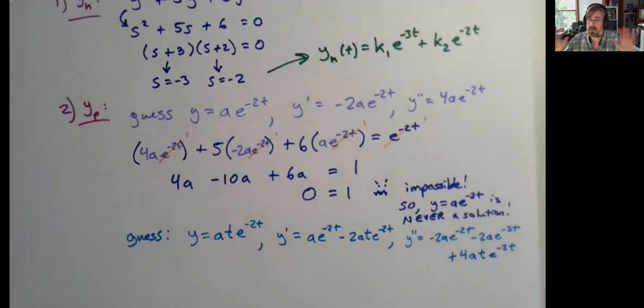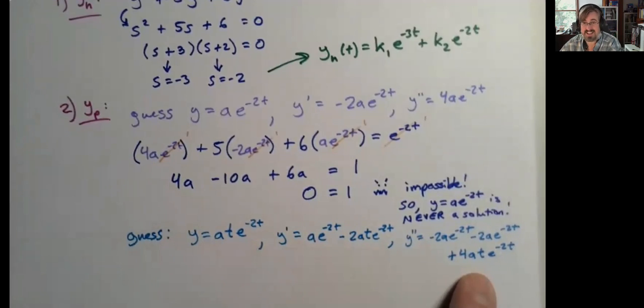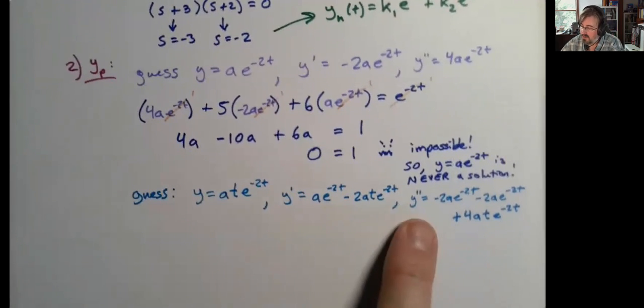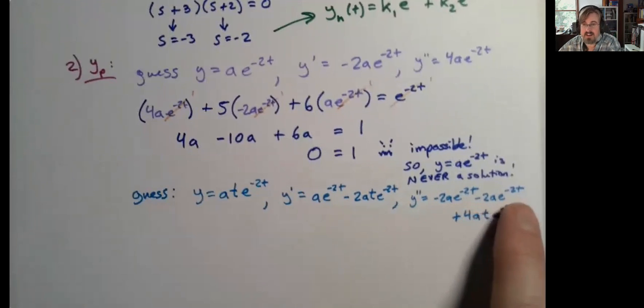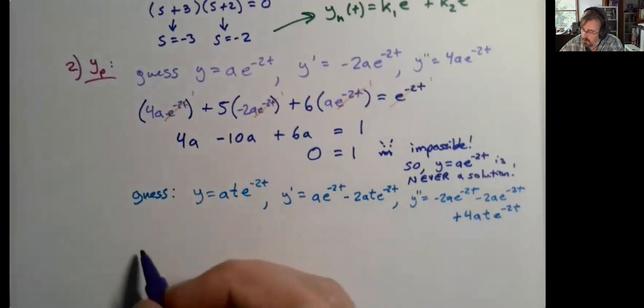So if you're thinking, oh my God, this is getting really complicated, it's not too bad. Because just like we did before, we're going to substitute these three things in and see what we get. Notice that we have negative 2a e to the minus 2t minus 2a e to the minus 2t, so that simplifies a little bit.